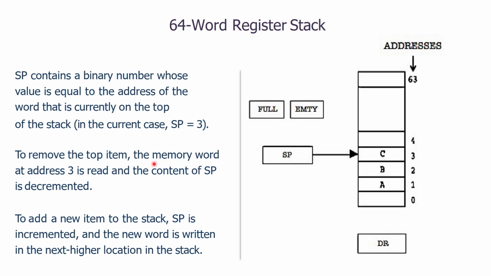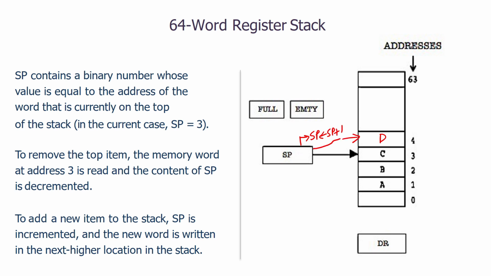To remove the top item, the memory word at address 3 is read and the content of SP is decremented. So if I do the pop operation, this C will be removed from this stack. SP will point to B. To add new item to the stack, SP is incremented. So when I want to add a new value, suppose I want to add D here, I will increment my SP by 1.